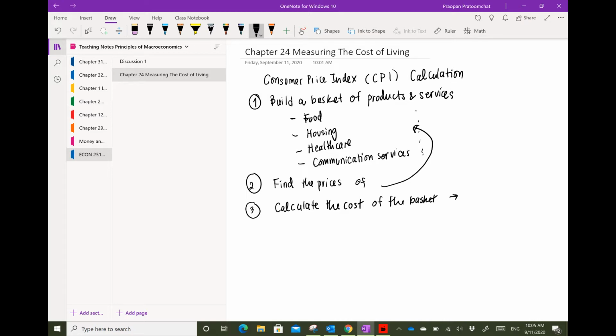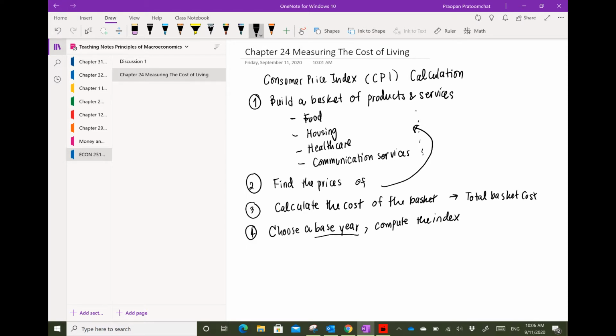Then the next step is you have to choose the base year. And then compute the index. Why do we need the base year?